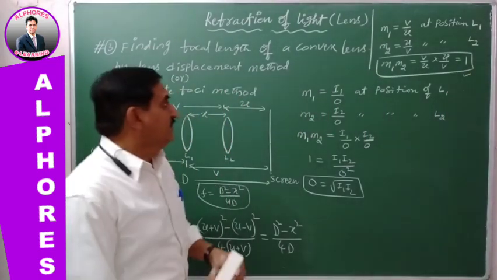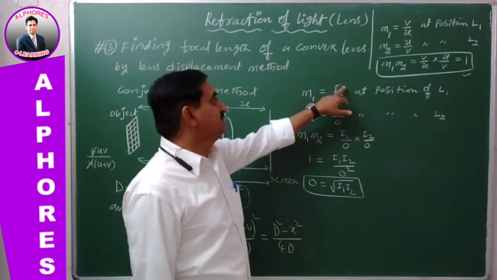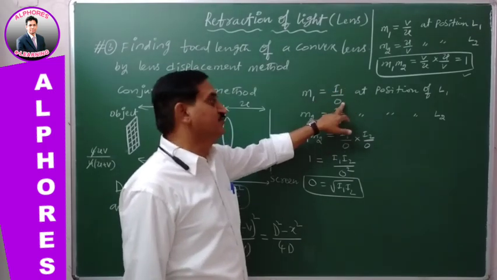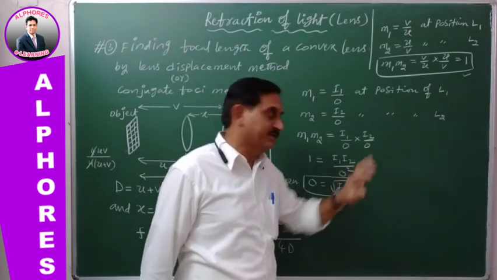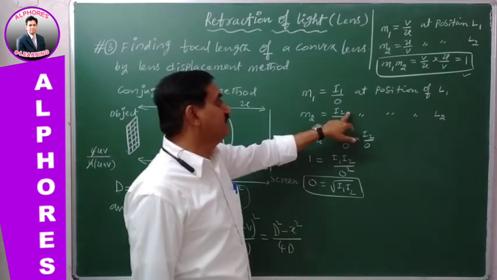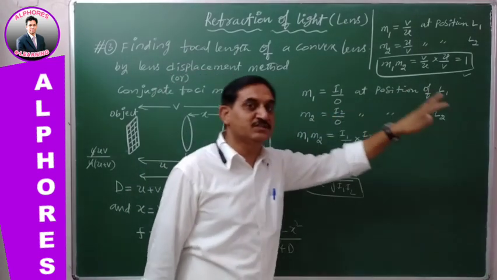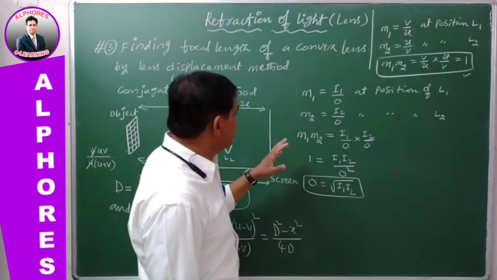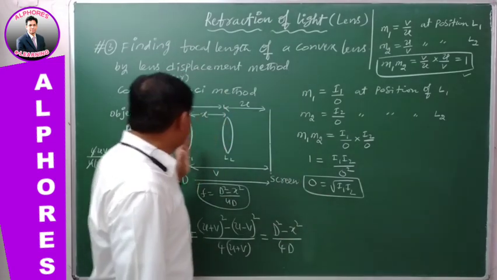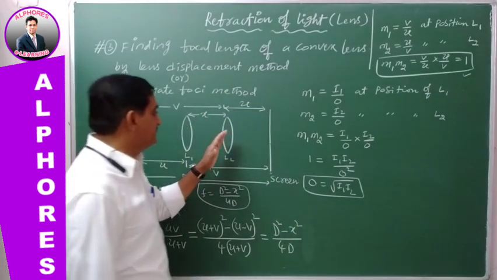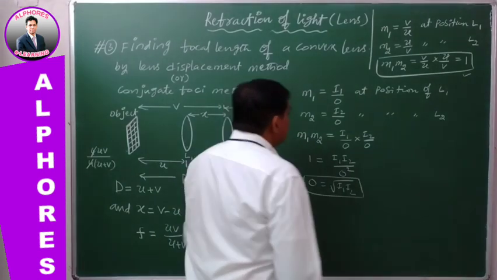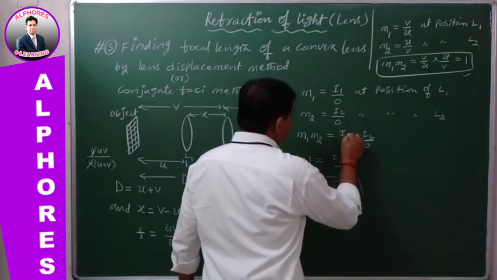Now M1 can be written as the size of the image by the size of the object at position L1. M2 is the size of the image by the size of the object at position L2. Of course, the sizes are different: at the first position the magnified size, at the second position the diminished size. So I1 and I2 are different.